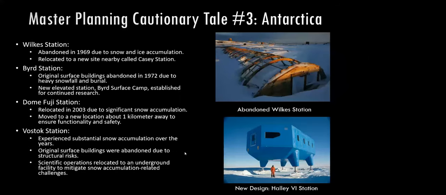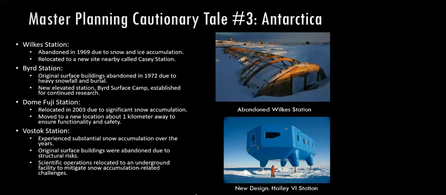Master planning cautionary tale number 3 is closer to this time period, and it's about Antarctica. And you can see a lot of these stations were abandoned, and they were abandoned because they didn't pay attention to the environment, and the environment has drifting snow. So over the years, the snow and ice accumulation covered all these stations, and then they had to be abandoned.